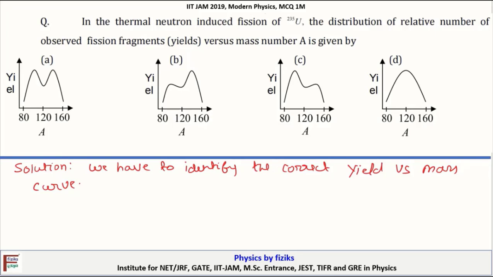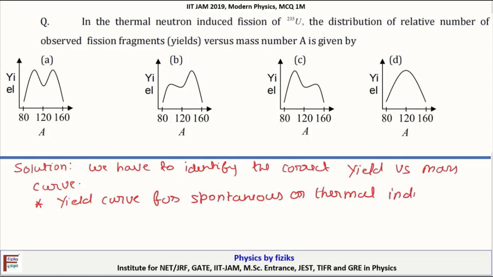There are a few points which have to be remembered regarding this. First point is the yield curve for spontaneous or thermal induced fission is always asymmetric.